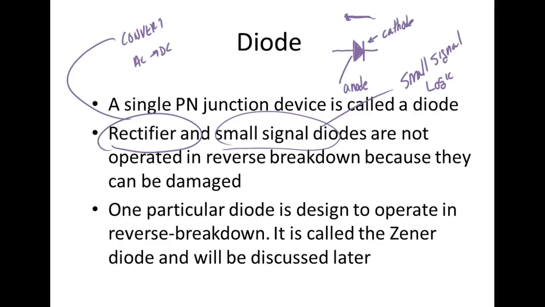Does that make sense? It will usually be given on your data sheet which of these two categories each one will work with.